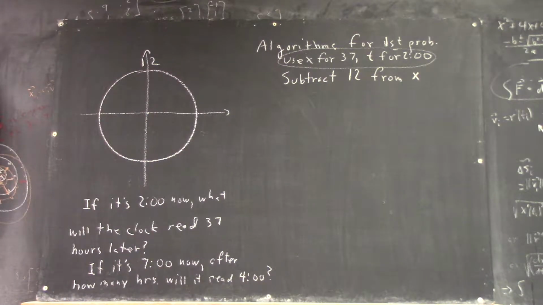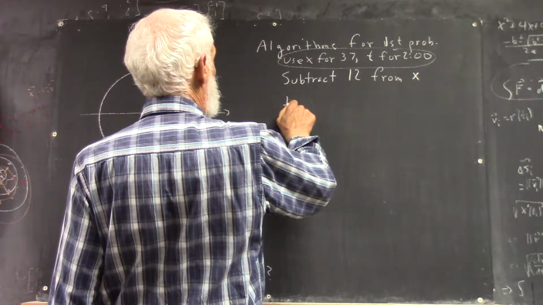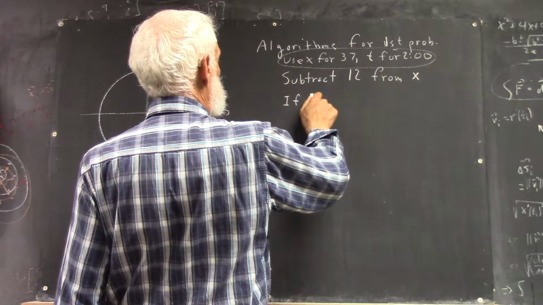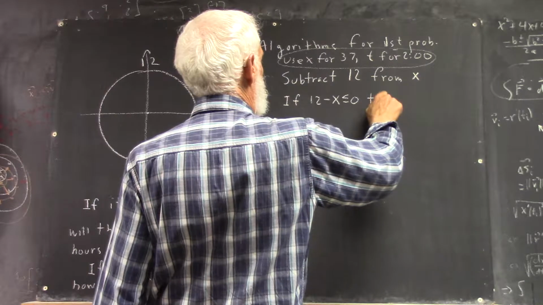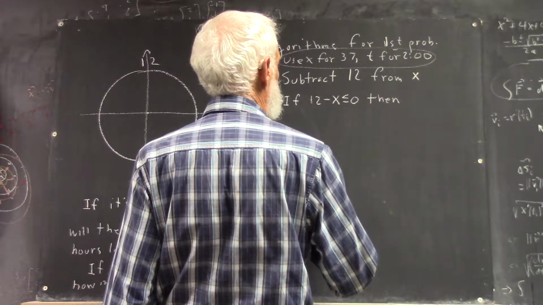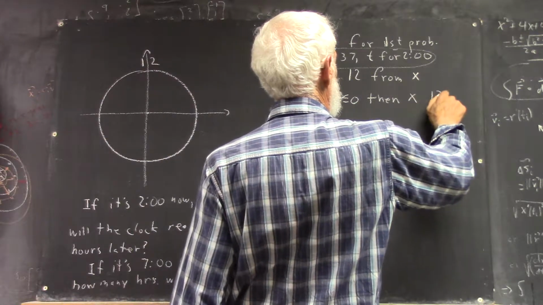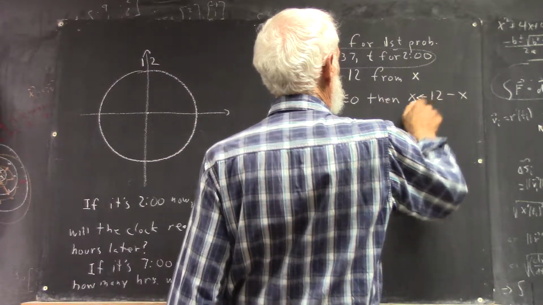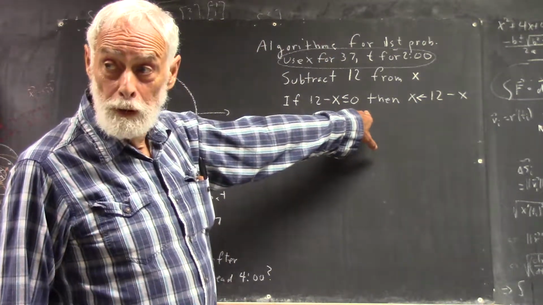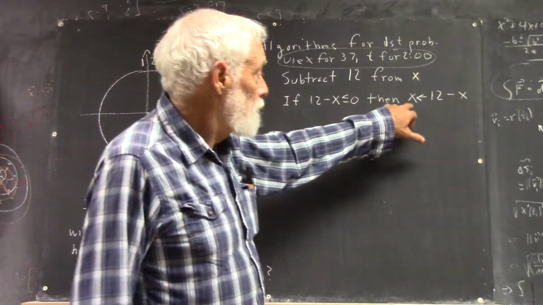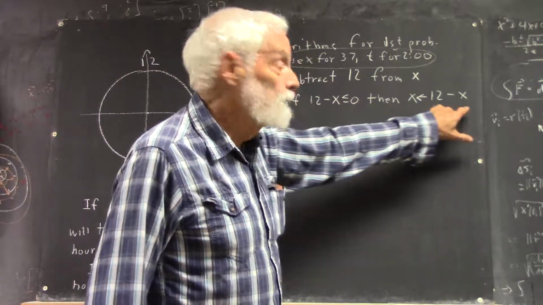Okay, if 12 minus x is less than or equal to 0, then x becomes 12 minus x. So you replace x with 12 minus x.